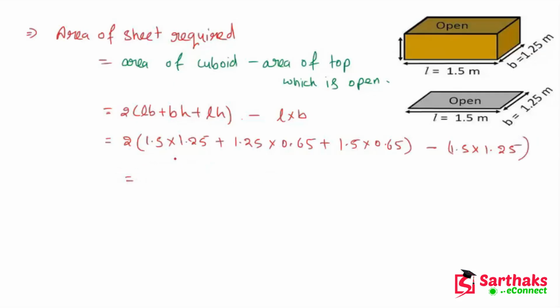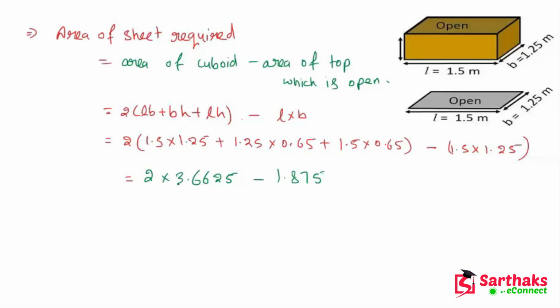Now if we solve this, we get 3.6625 inside the bracket, and the product is 1.875.